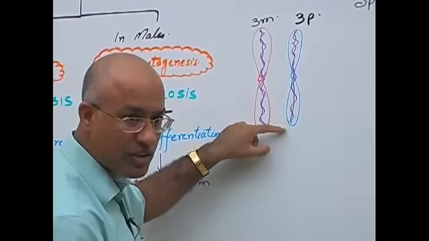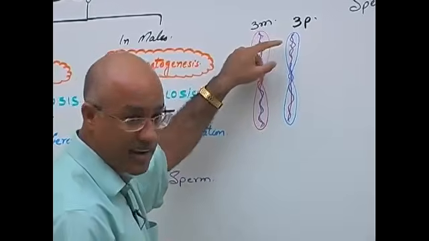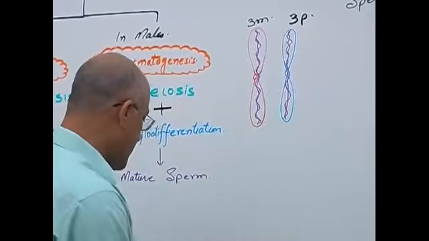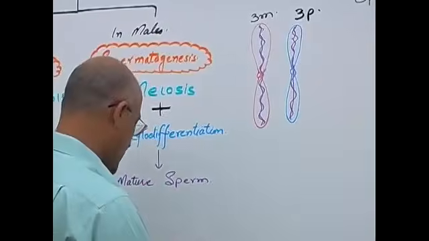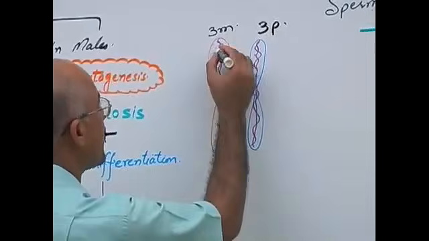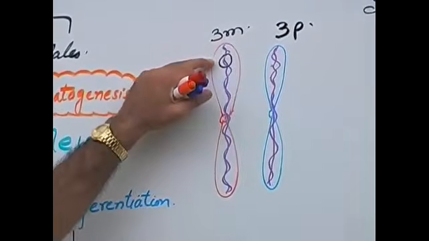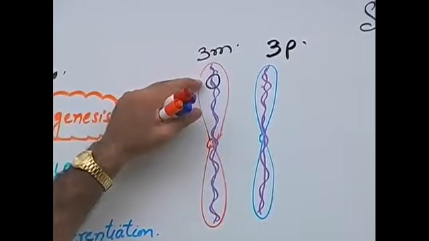What are genes? Genes are sequences of nucleotides which make a specific functional RNA. Now let's suppose there is a gene here, and this gene is about the color of the eye. This gene determines the color of the eye, and it is coming from the mother.